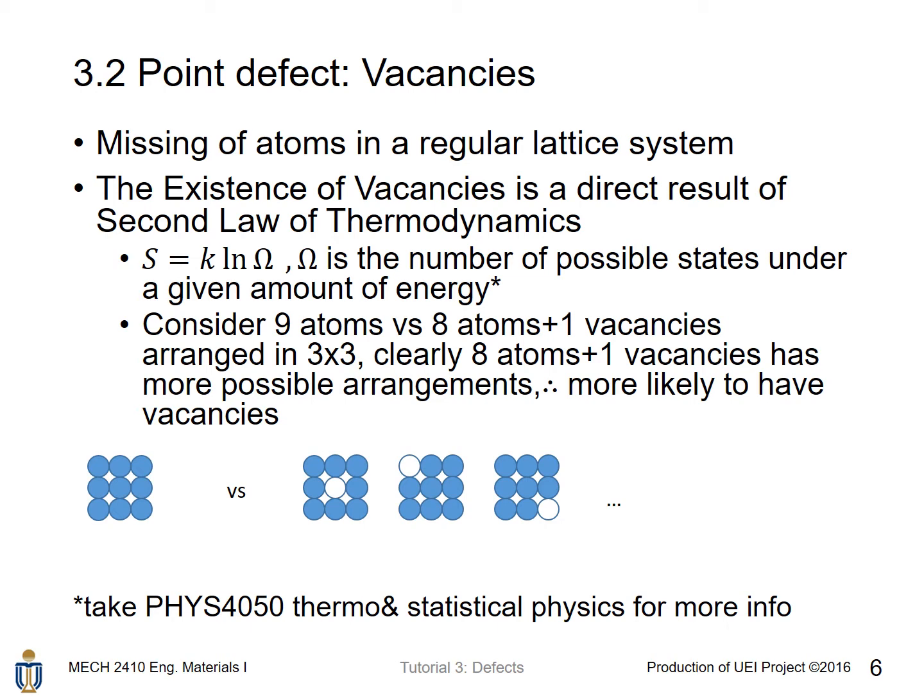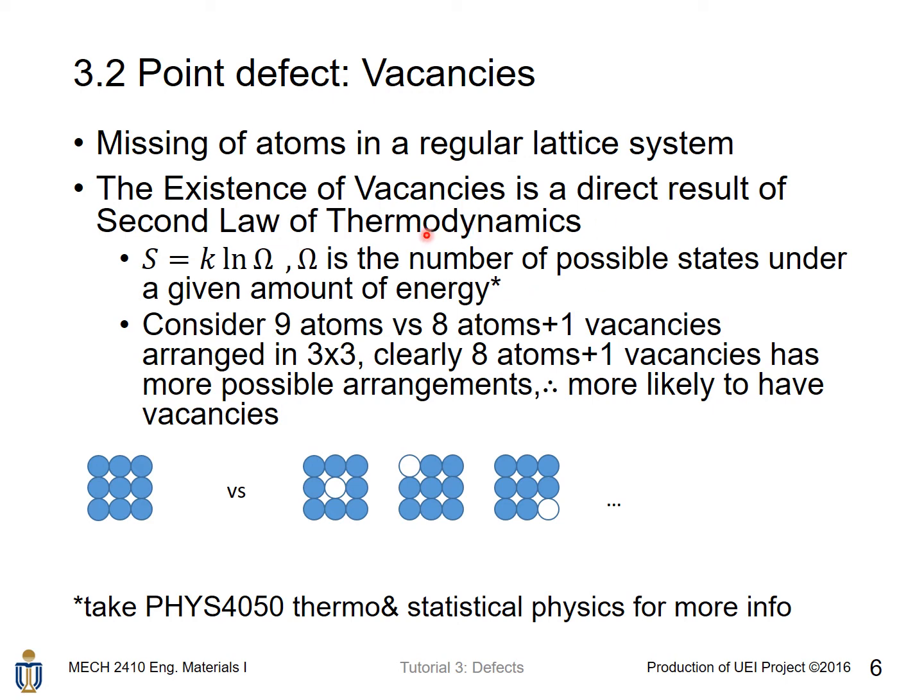Let's consider a 9-atom case. Consider 9 atoms versus 8 atoms plus 1 vacancy arranged in a 3 times 3 square. Clearly 8 atoms plus 1 vacancy has more possible arrangements, which is shown in the demonstration here.